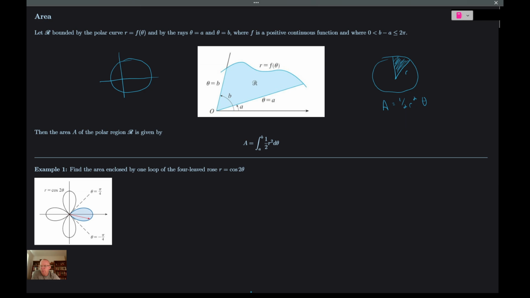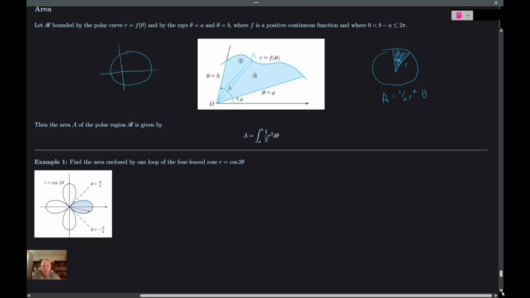So we have r as the radius, and there's some angle theta there. The idea here is we're going to take little sections of this circle that would have a radius of r, and then d theta would be the width of that. And so then we add them all up and we get our integral. So that's where this formula comes from.